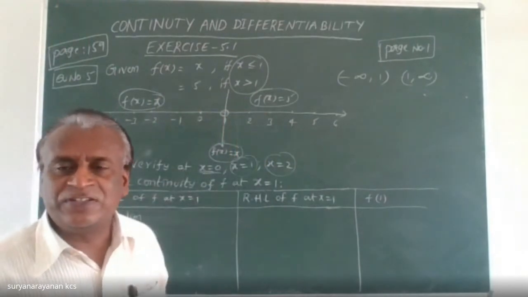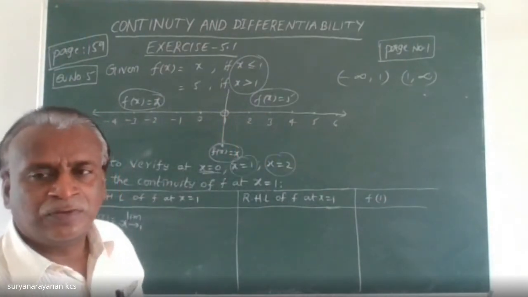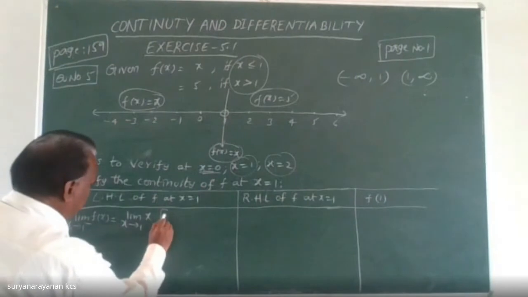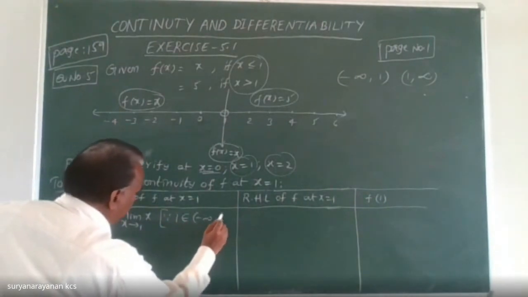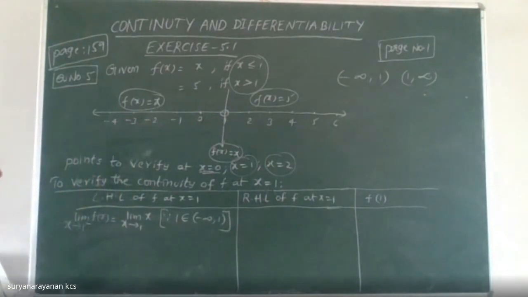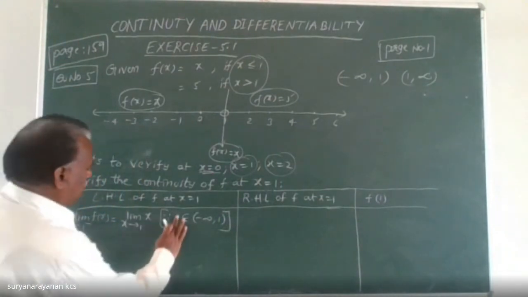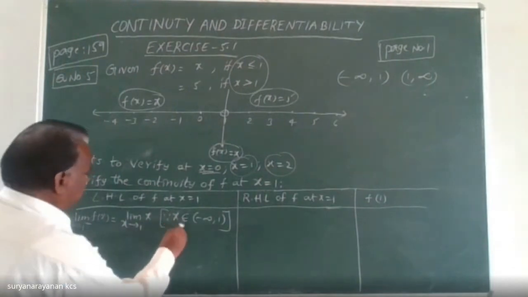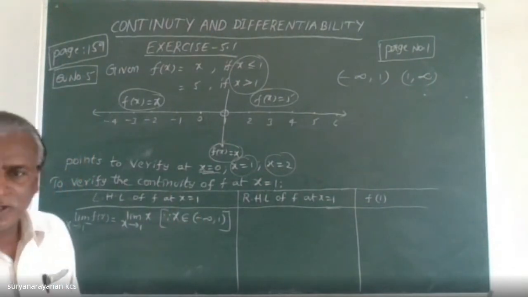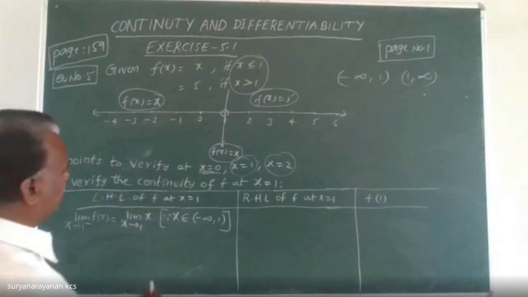What is f of x on the left side of 1? f of x is x, because x is less than 1 means x belongs to the interval minus infinity comma 1.